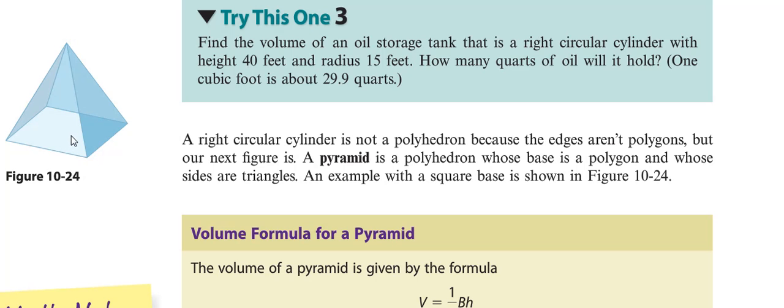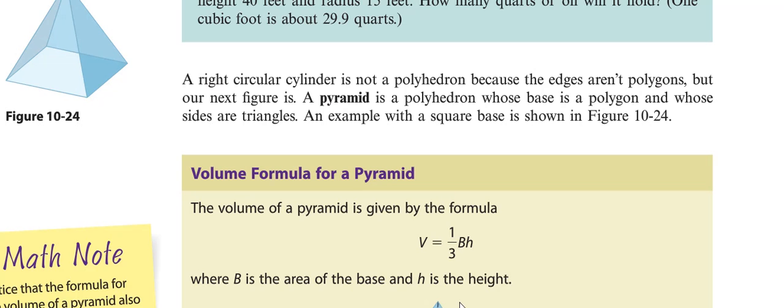You have a right angle there. That imaginary line that you're drawing from the apex of the pyramid to the center of the floor of the base of the pyramid would make a 90-degree angle with the base. So that's how you determine the height. So keep that in mind.